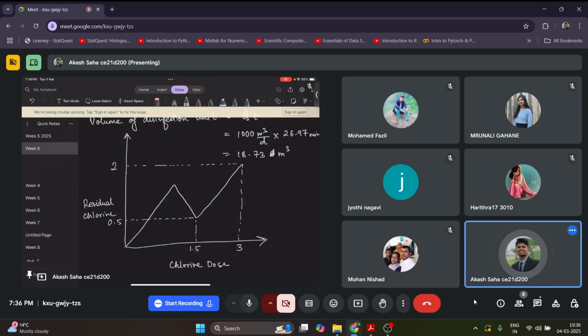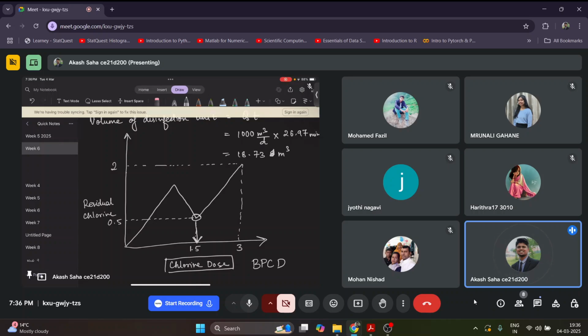Now, whenever you are asked what is the breakpoint chlorine dose, that means at what dose of chlorine all the chloramines are degraded. So this is my breakpoint chlorine dose. Whatever is on the x-axis will be my breakpoint chlorine dose, BPCD. So 1.5 is my breakpoint chlorine dose.